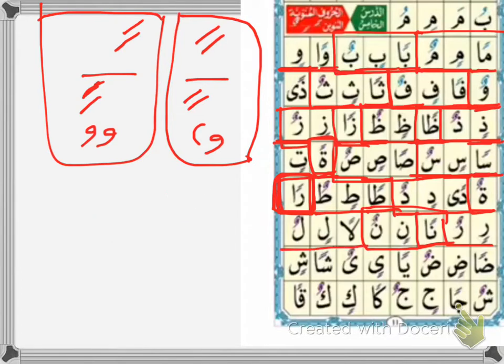Next is the lam. لام فتحتين لن. لام كسرتين لن. لام ضمتين لن. With lesson 2 الحروف المركبة, we call this لام ألف.